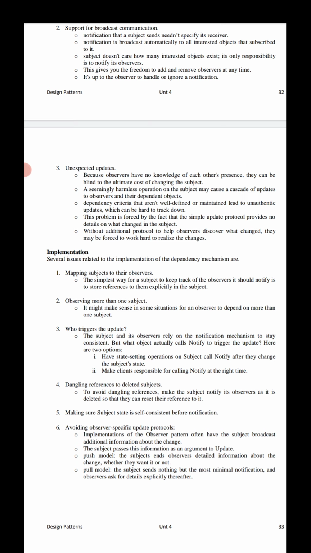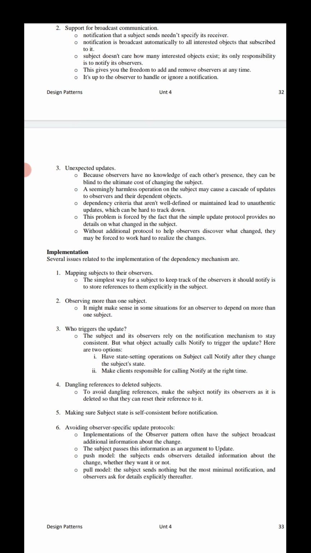Coming to the third consequence, that is unexpected updates. Because observers are notified and updated automatically, they have no knowledge of each other's presence, and they can be blind to the ultimate cost of changing the subject.